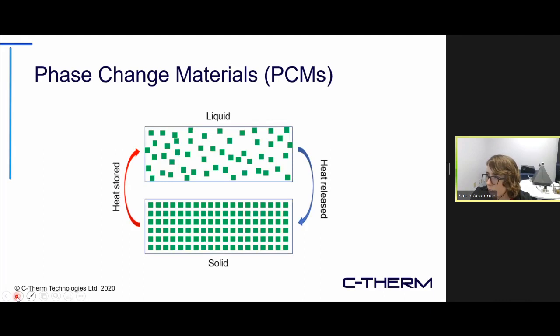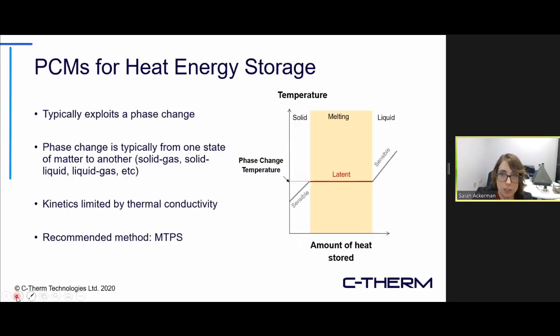The next set of application data we'll look at is phase change materials. Phase change materials are materials that store and release heat on demand through a physical phase change. Typically, this is going to be a phase change from solid to liquid state and then back again, although some niche applications use other phase changes.